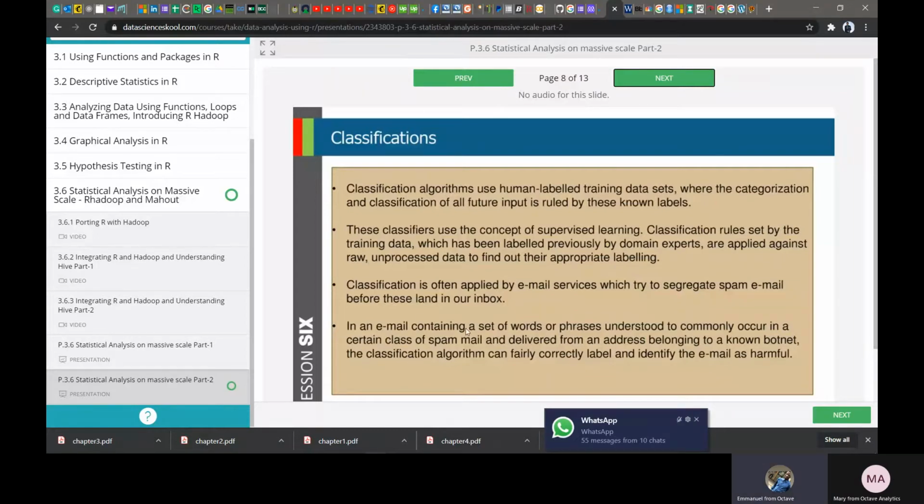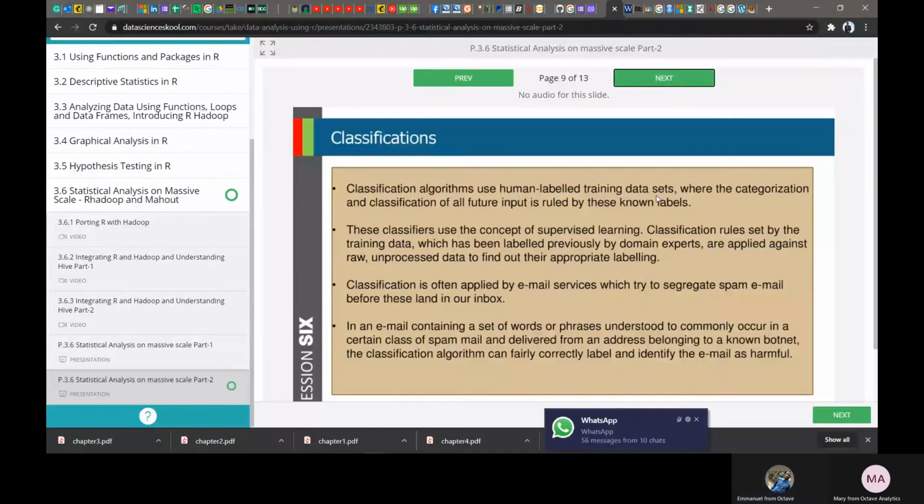So in an email containing a set of words or phrases understood to commonly occur in a certain class of spam mail and delivered from an address belonging to a known botnet, a classification algorithm can fairly correctly label and identify the email as harmful.